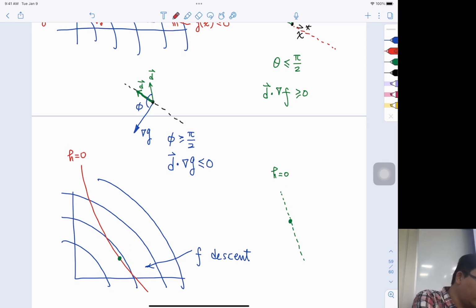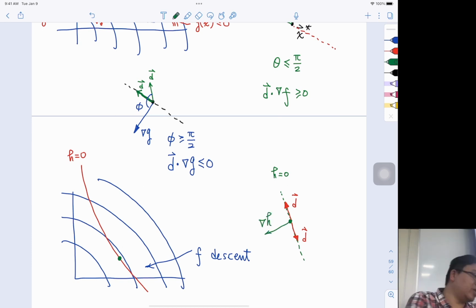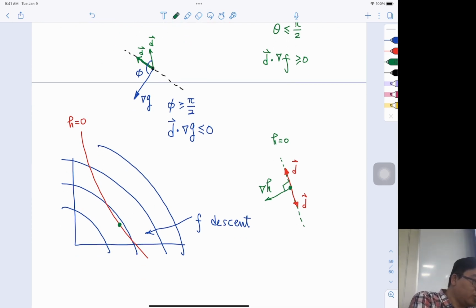When we have a perturbation, we can only move along this boundary, because this is how we can have a feasible perturbation. We can never jump to the left or the right hand side of that dashed line. If we jump out of that line, the perturbation won't be feasible anymore. So in this case, the gradient of h could be this way. It's always perpendicular. So we end up with d dot product gradient of h equals 0.